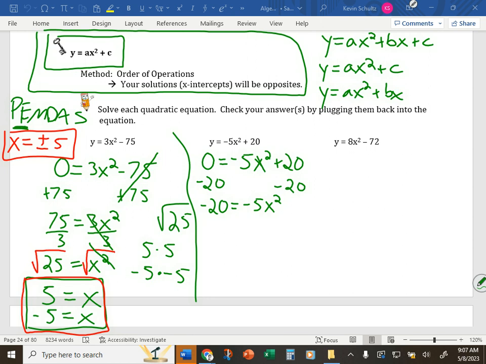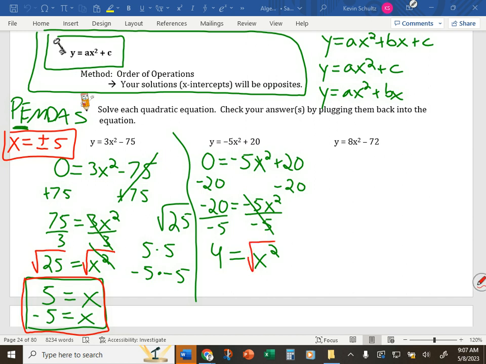What would our next step be here? Divide both sides by negative 5. Cancel that coefficient out. Negative 20 divided by negative 5 is positive 4, which equals x squared. PEMDAS people start to freak out because they don't know what to do next. PERMDAS people, we do. To undo an exponent, you take the root of that term.